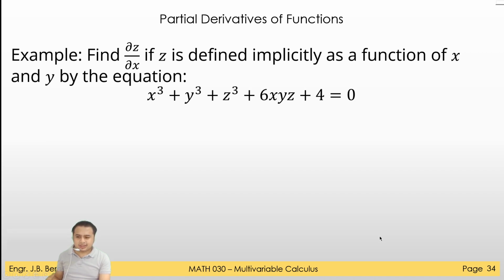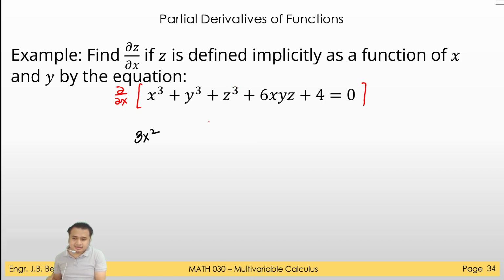Now, how do we do that? Let's say we want to find the derivative of this. So basically, perform the partial derivative with respect to x. This will be 3x squared, and then this will be 0, and this will also be 0.